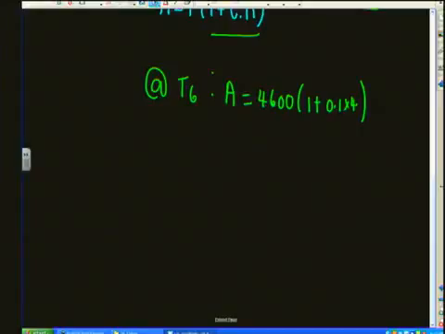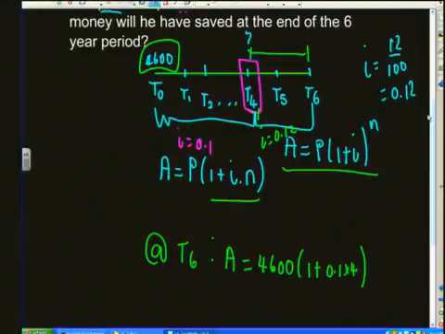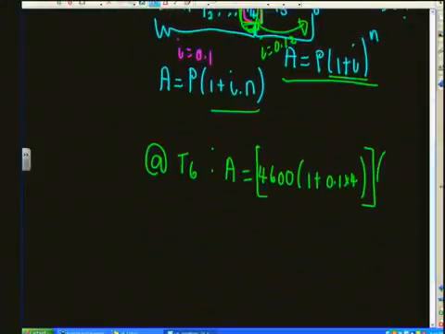So this will give us the value of the investment at the 4th year, okay? But we then know that whatever's in there, so this entire amount, is going to be reinvested at a compound interest rate of 12%. So if I want to move from time 4 to time 6, I simply need to take my accumulated amount and use my compound interest formula.